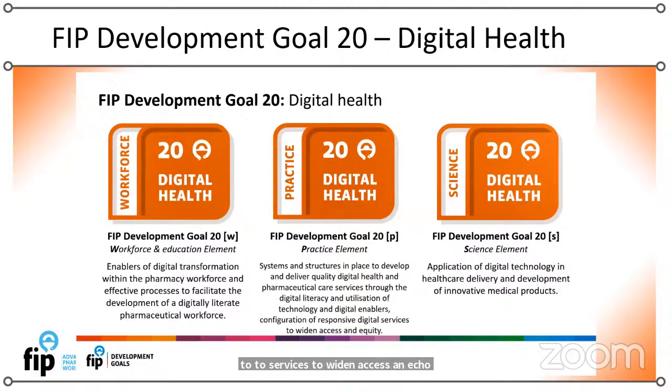Access and equity are very important terms here, as we will see a bit later. And the science element is the application of digital technology in healthcare delivery and the development of innovative medical products. So let us see that in detail.